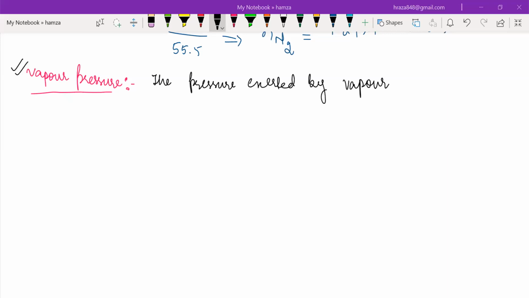The pressure exerted by vapor is called vapor pressure. I'm going to give an example which is very important. This is a container in which water molecules are there.